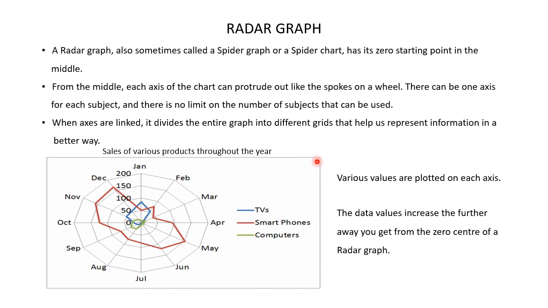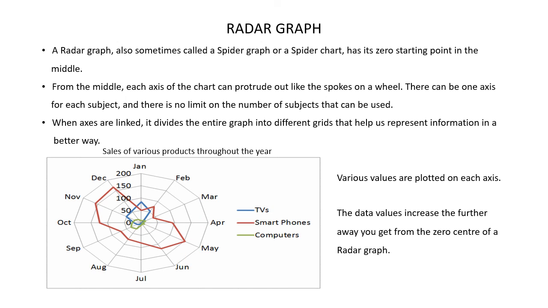Now look at this example of a radar graph which shows the sales of various products throughout the year. Now let's understand how to interpret this radar graph. As you can see here, this radar graph has its zero starting point in the center, and from this center axes protrude out in the chart.